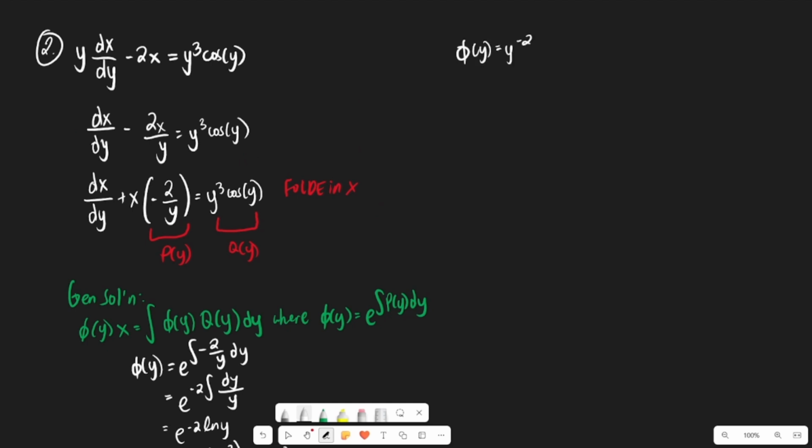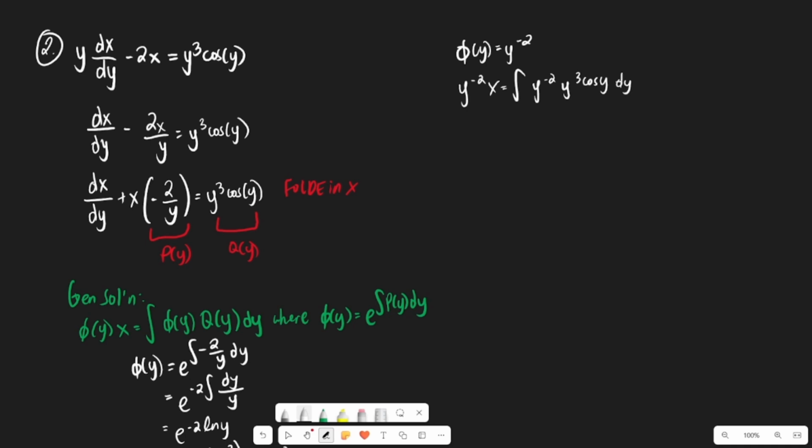So let's substitute this to the general solution formula. We're going to have y raised to negative 2 times x is equal to the integral of y raised to negative 2 times q of y, which is y cubed cosine y, dy.